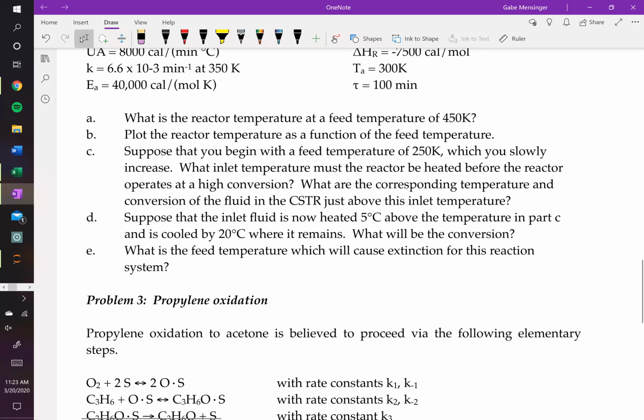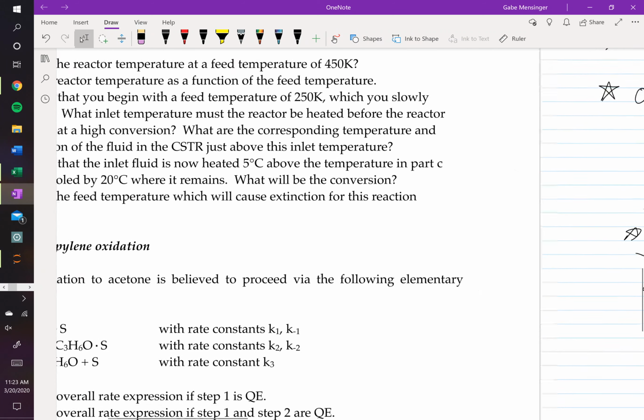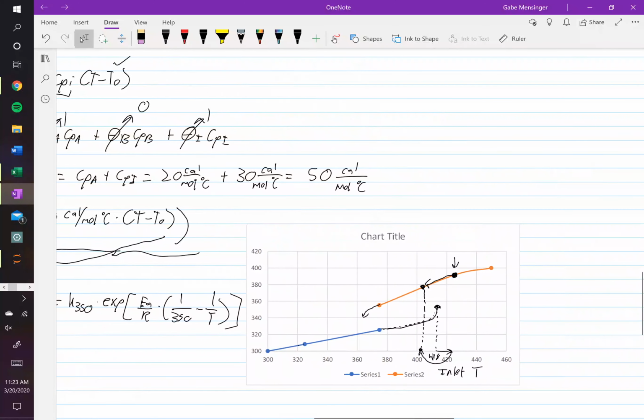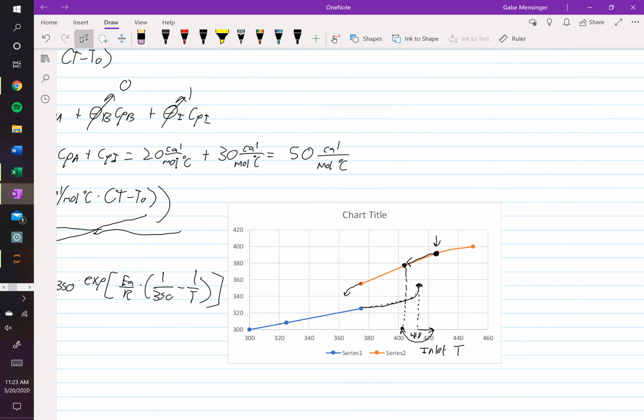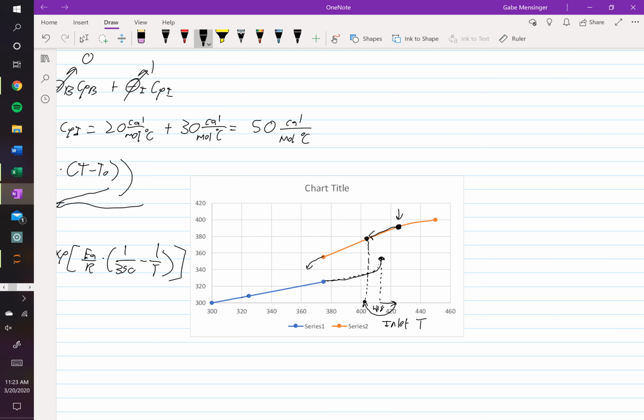So for part E, what is the feed temperature which will cause extinction for this reaction system? And essentially this is another guess and check. In part C, you went and found ignition, which is the max for the lower branch.